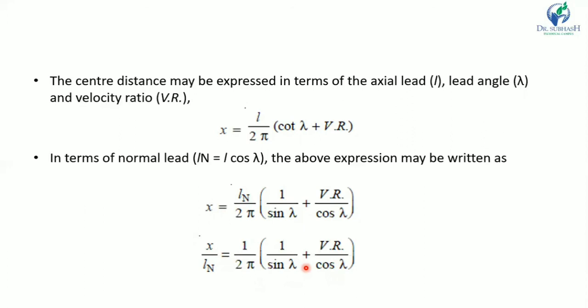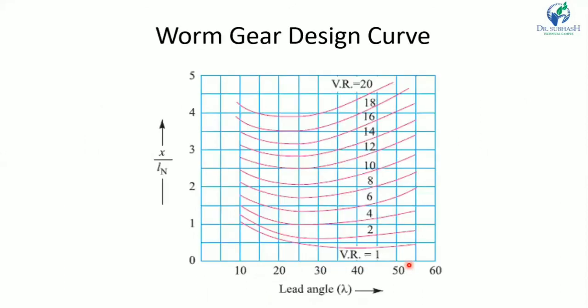The right hand side of the equation may be calculated for various values of velocity ratio, and the curves are plotted. So if we plot the curves, these are curves of lead angle lambda versus x by ln at the various velocity ratios.